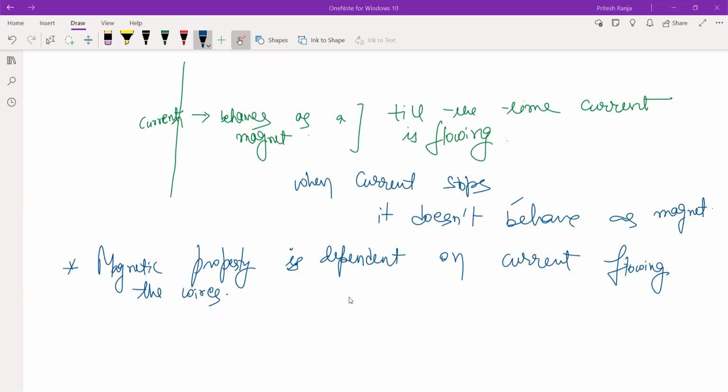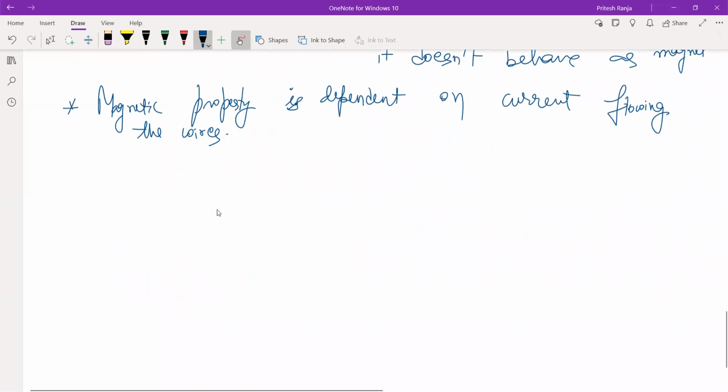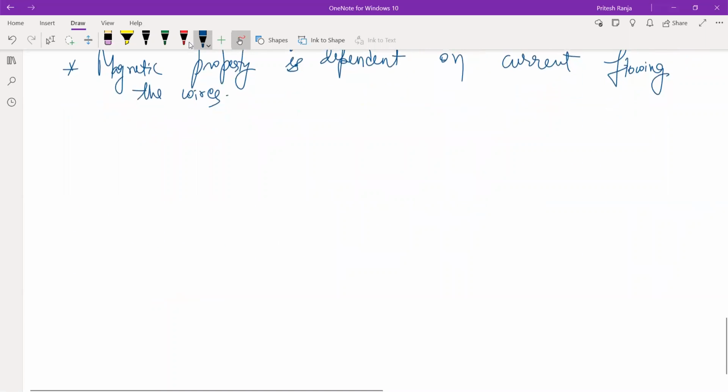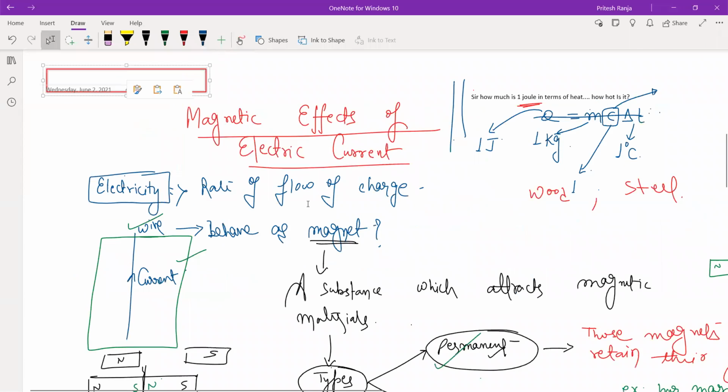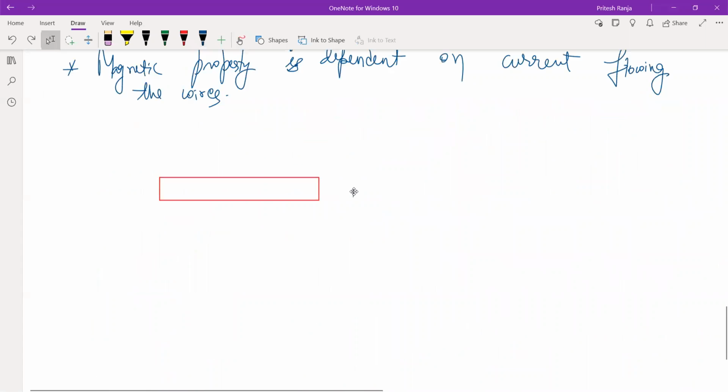Okay, let us see the magnetic field lines due to two magnets kept near to each other. Then we will continue with the wires carrying current. So let us say these are the two magnets.